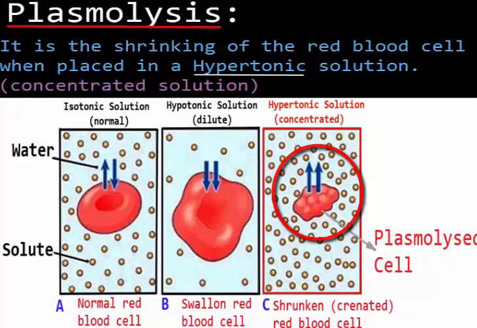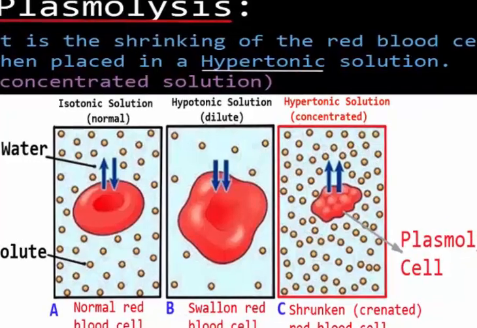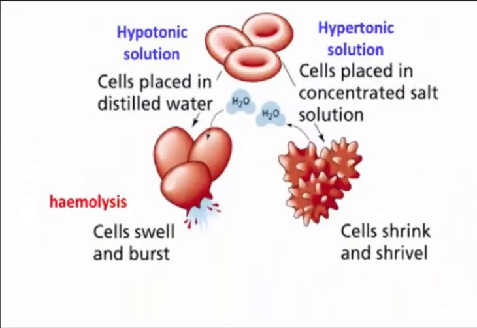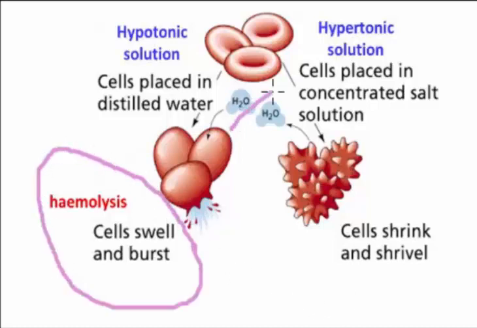Now let's go straight to hemolysis. Hemolysis is the bursting of the red blood cell when placed in a hypotonic solution. See it? Cells placed in a hypotonic solution, what happens? It bursts. When placed in a hypotonic solution, cells swell and burst.